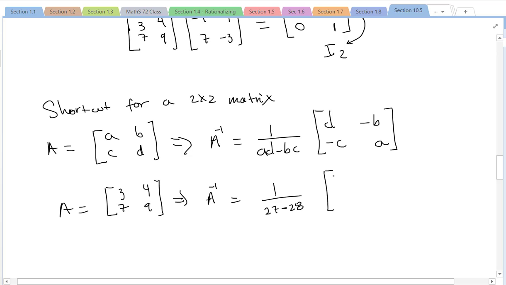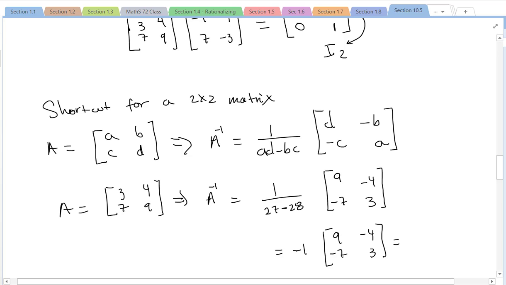And when I switch these, I'm going to have A and D switch, right? So 3 and 9 are going to switch. So I'm going to have 9 and 3, and then the 7 and the 4 become opposites. So it'll be negative 7 and negative 4. And when you simplify this, 27 minus 28 is negative 1. So you're really multiplying negative 1 times this matrix.